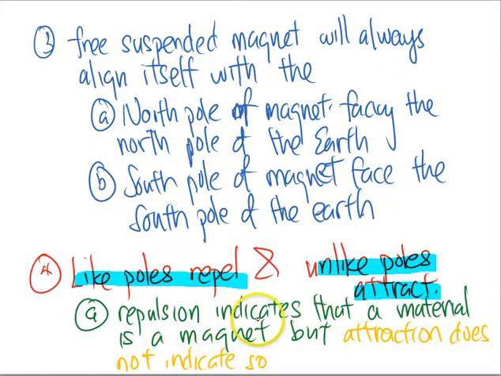This means that repulsion tells you that something is a magnet, but attraction doesn't.